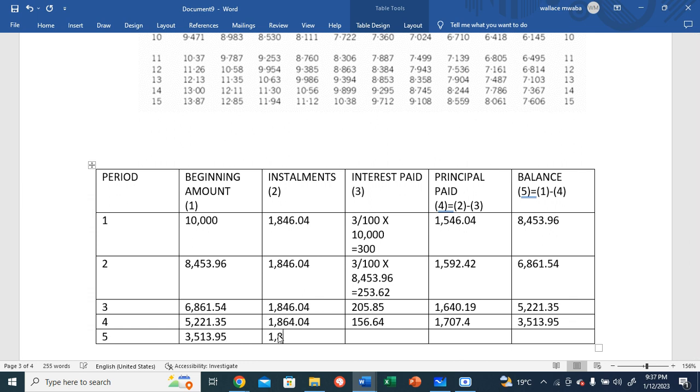We've got 1,864.04. Okay, interest paid, so get 3% of this 3,513.95. We're going to get 105 point.